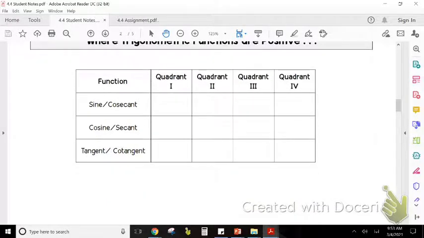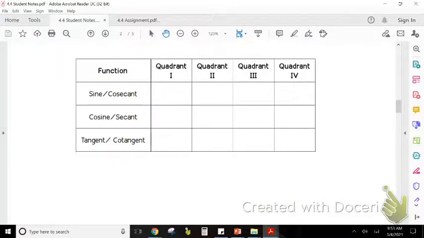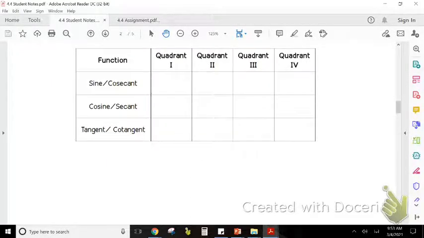So looking at where the trig functions are positive, this is looking at what x and y are in each of the quadrants. Let's look at quadrant 1. Let me draw the quadrant here. In quadrant 1, x is positive, y is positive, and r stands for radius.